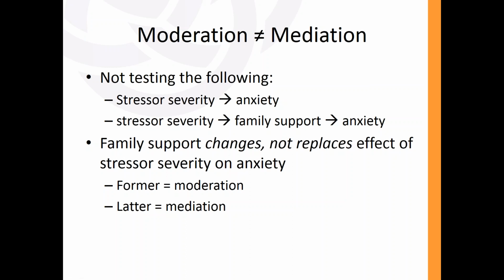That hopefully makes no sense. If we were trying to say that family support is synonymous with, or is an explanatory mechanism for, stressor severity and how stressor severity is positively related with anxiety, then we'd be in trouble, because that would not be supported.